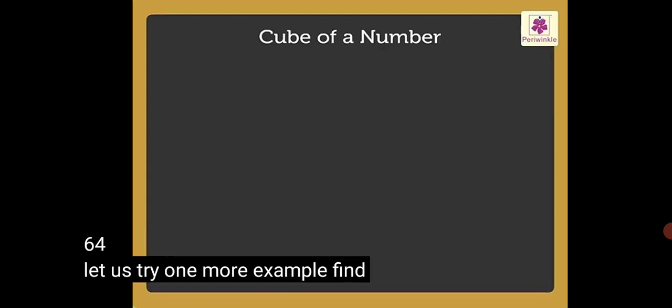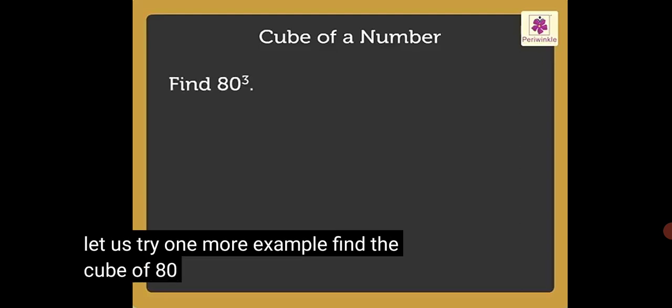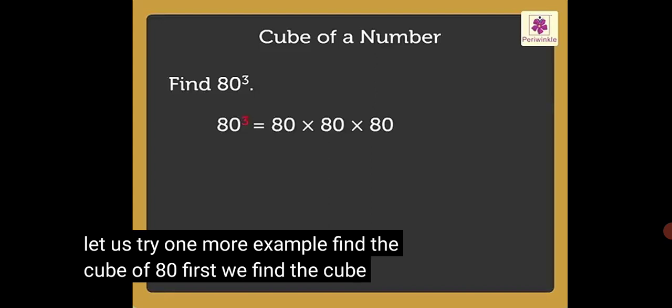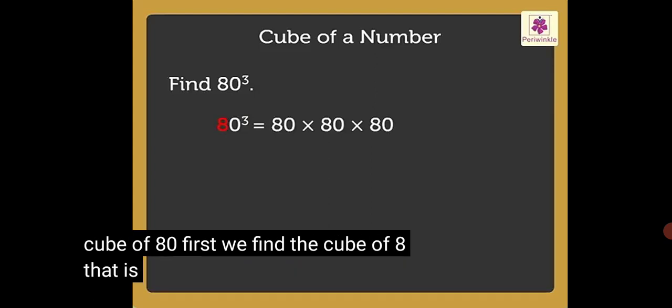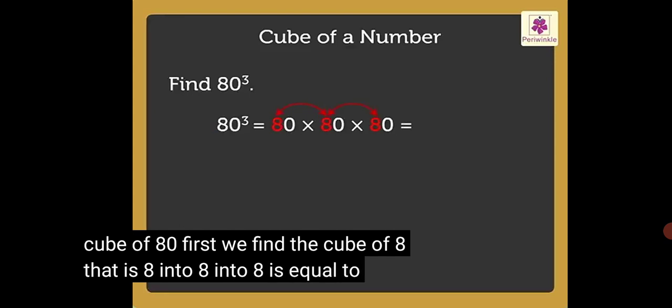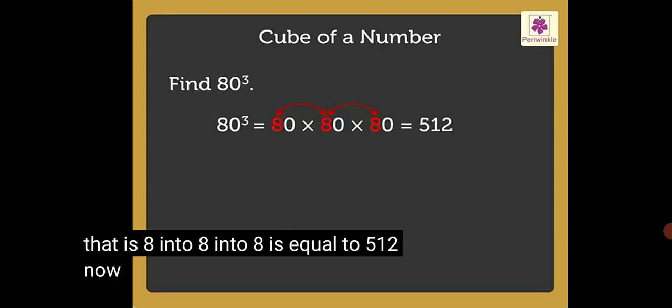Let us try one more example. Find the cube of 80. First we find the cube of 8, that is 8 into 8 into 8 equals 512.